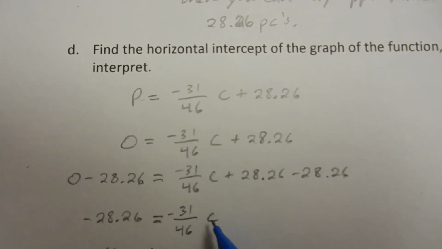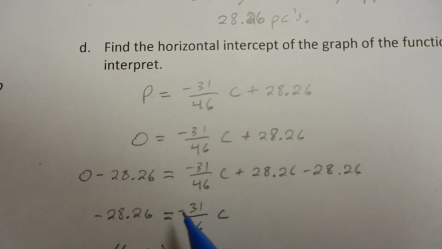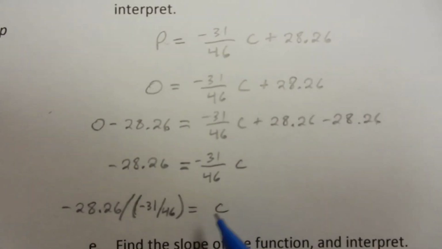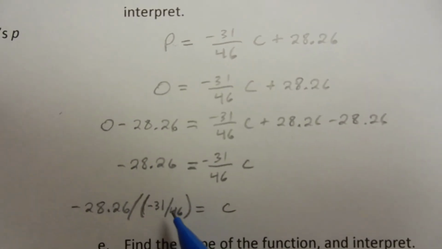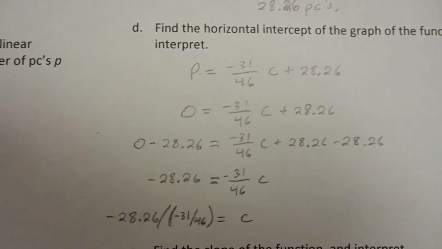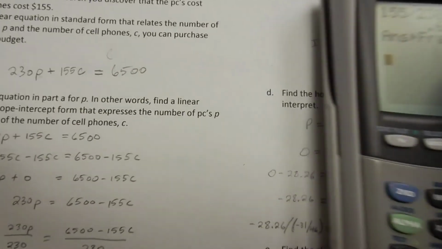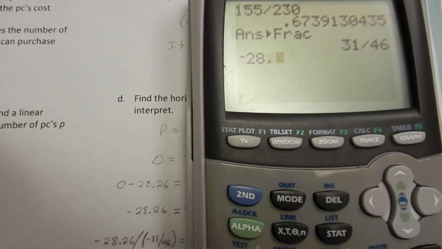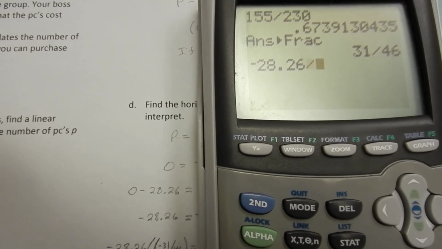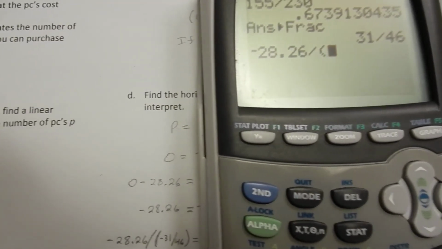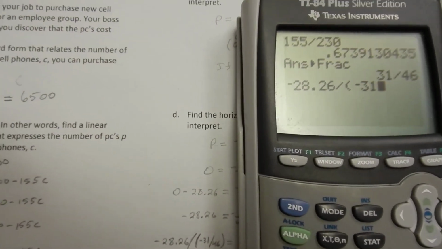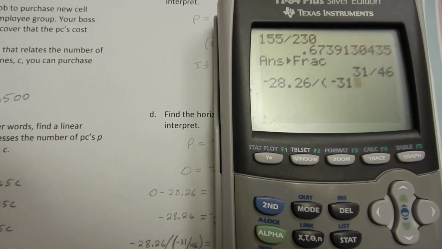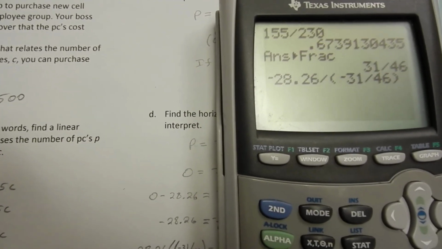So to get C by itself, you've got to divide by that quantity on both sides. So that really leaves me with C equals that divided by that quantity. And we can input that into our calculator as such. So that's negative 28.26 divided by this fraction here, negative 31 divided by 46.